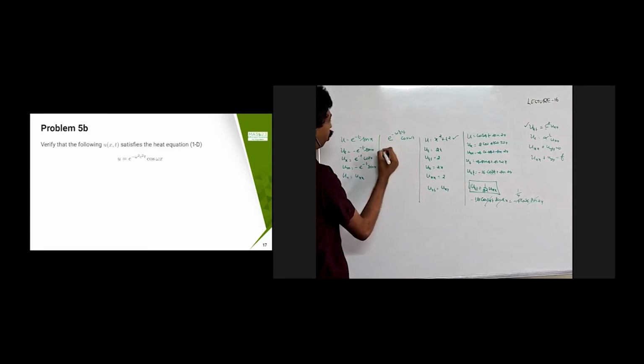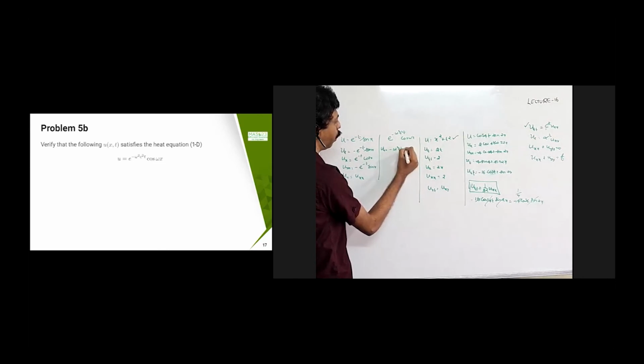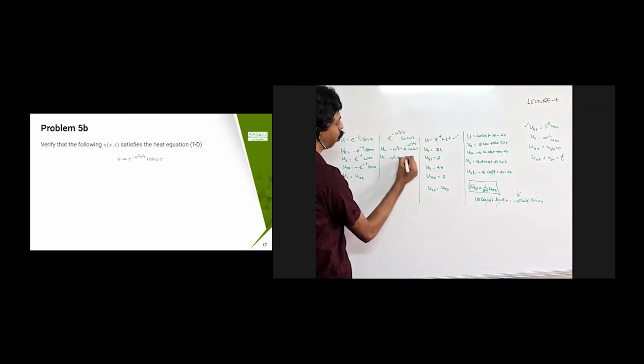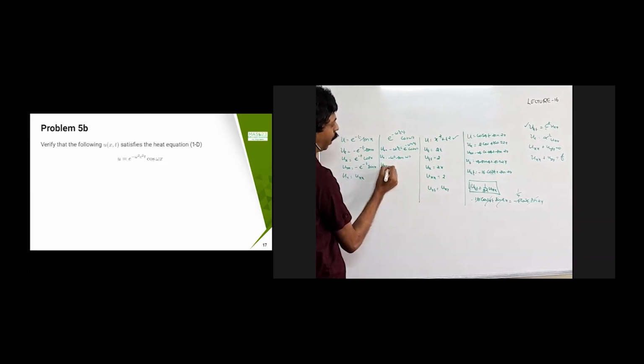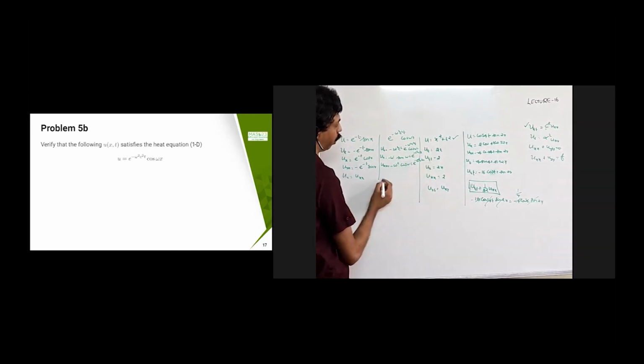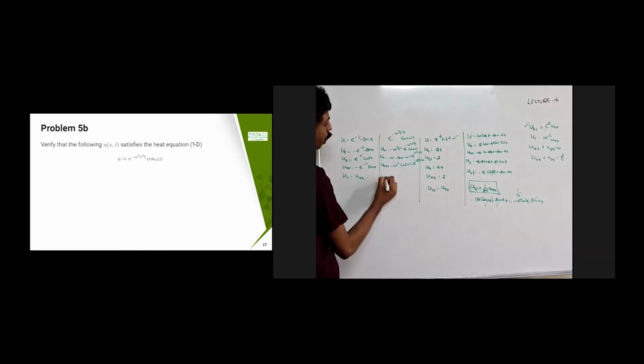So you can see that ut is going to become minus omega square c square e power minus omega square c square t into cos omega t, and ux you are going to get minus omega sin omega t, and uxx is going to become minus omega square cos omega t into e power minus c square omega square t.